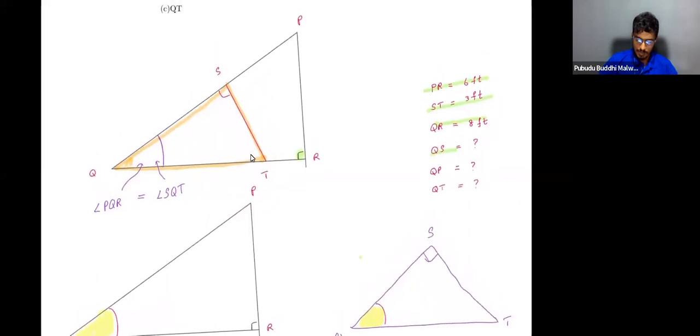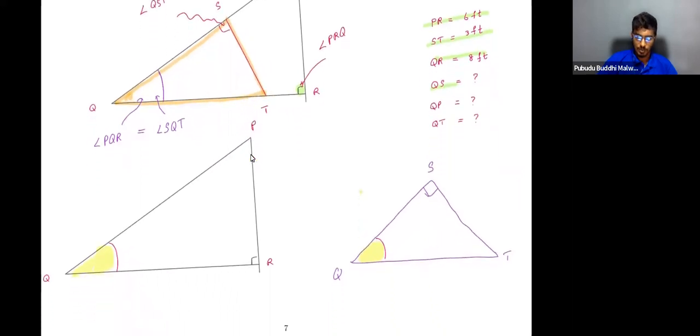That is PRQ. If you are using the bigger triangle, that's PRQ. And this one, QST, same, because 90 degrees. So those two angles are also equal.